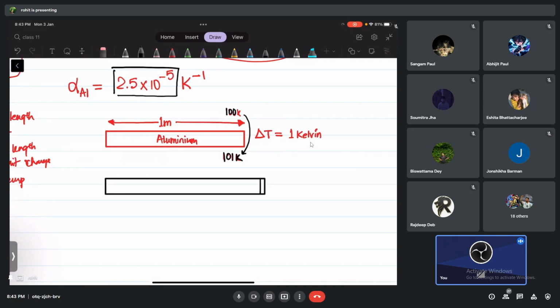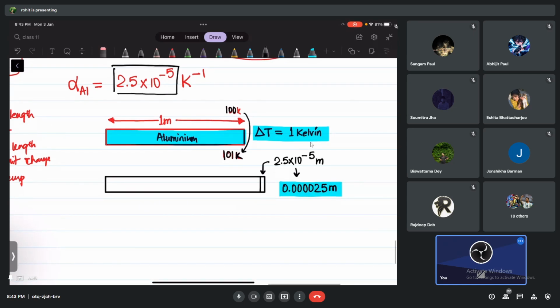It's very small, not so much, because 10 to the power minus 5 meters is a very small expansion. It's going to look like this: 0.00025 meters. If I take 1 meter long aluminum and change the temperature by 1 Kelvin, this will be the change in length of this aluminum.